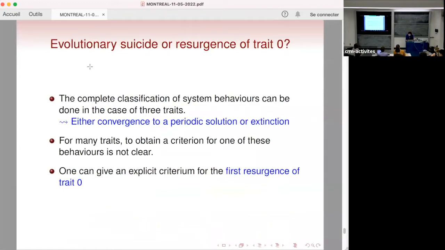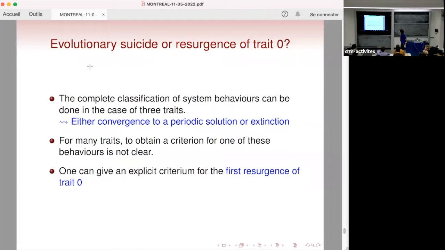Now we wanted to obtain this re-emergence of 0 because you have seen this simulation. So we were able to study the three traits case, but there are a lot of possibilities if you change the values of tau, delta, alpha. We essentially obtain satisfying results, but for other traits we don't see how to use this method to obtain a complete picture of the different behaviors.